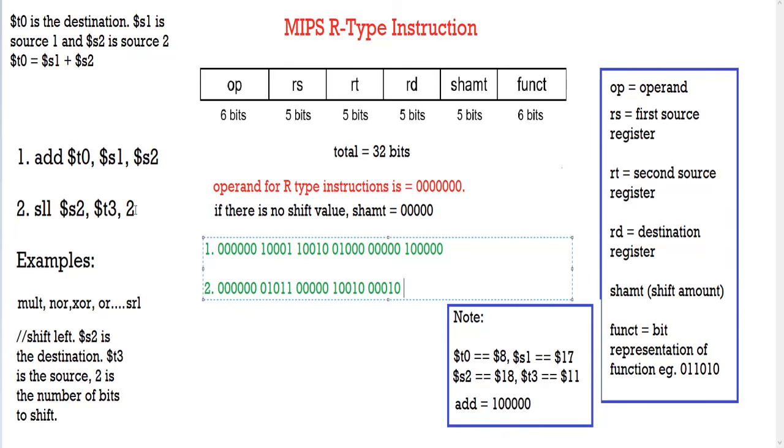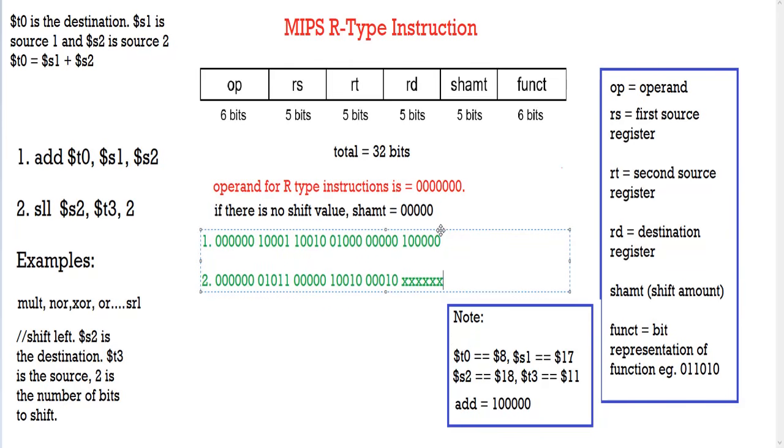Since I don't know the binary representation of the shift left instruction at the moment, I'm just going to leave these bits as 6 X's. In the question, I'm going to repeat it again, you're going to be given what to put in this space. Since I don't know it at the moment, I'm going to leave that part as X. But you get the point, right? So this was our basic MIPS R type instruction. Let's move on to the I type one.